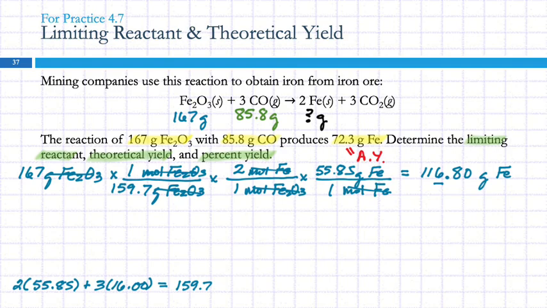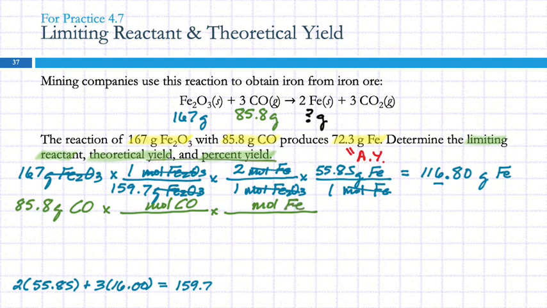Okay, halfway there. Take the other reactant, 85.8 grams of carbon monoxide. Grams to moles to moles to grams. Grams of carbon monoxide to moles of carbon monoxide, to moles of iron, to grams of iron.